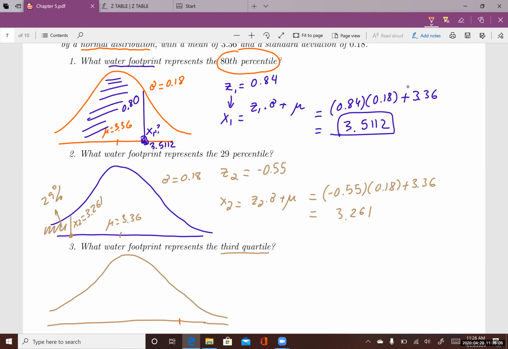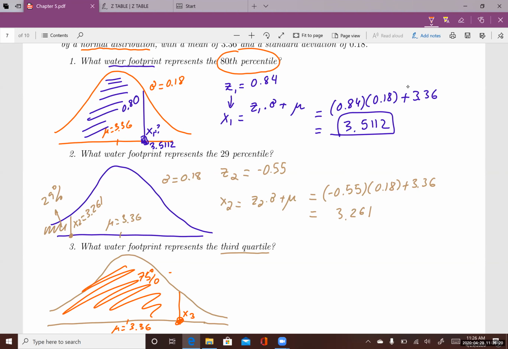So if you look here, the area would be 75%, and you want to find the x3. You still have the same mu and the same standard deviation.